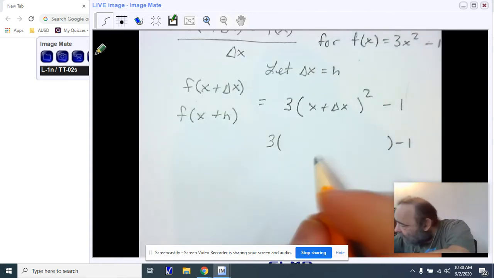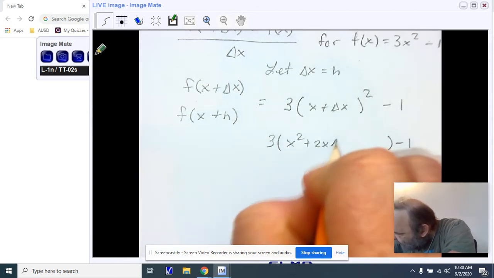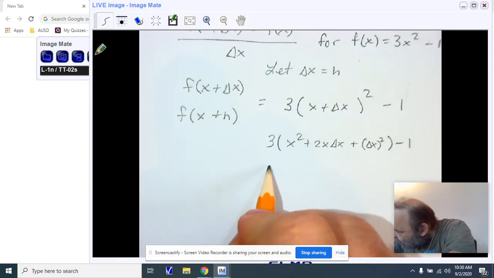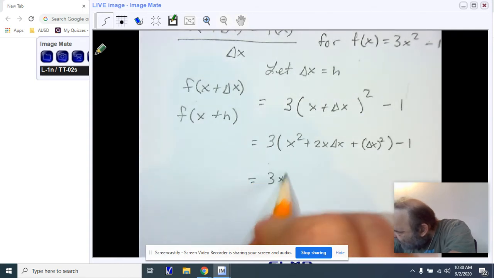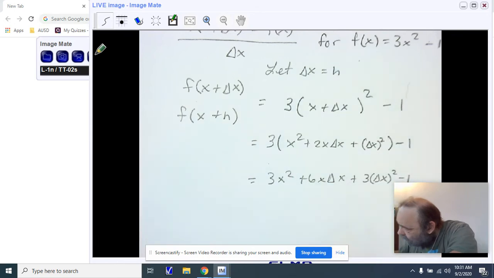So taking it one step at a time, x squared plus 2x delta x plus delta x, the quantity squared. We're going to distribute the 3 so that we have 3x squared plus 6x delta x plus 3 delta x squared minus 1.